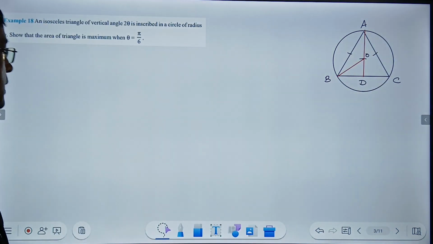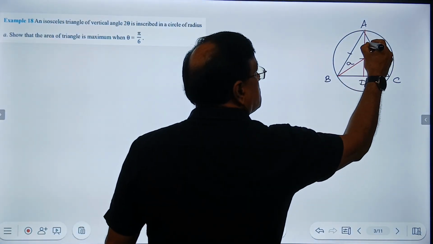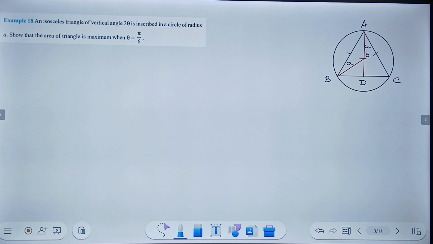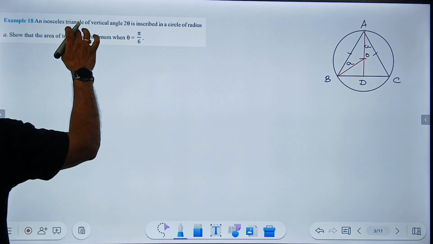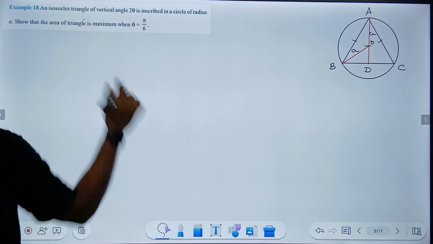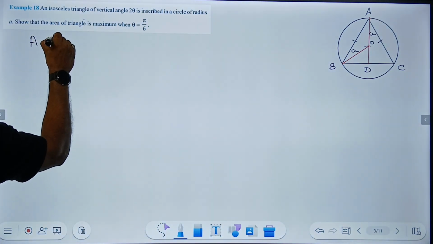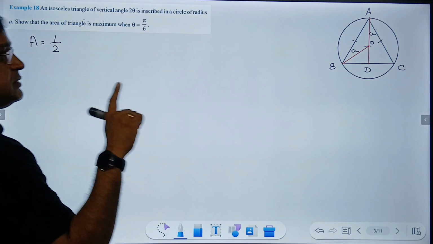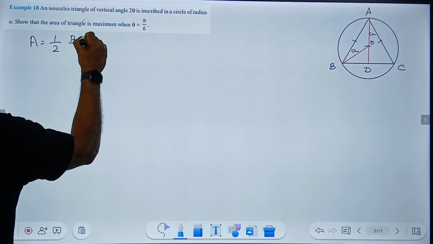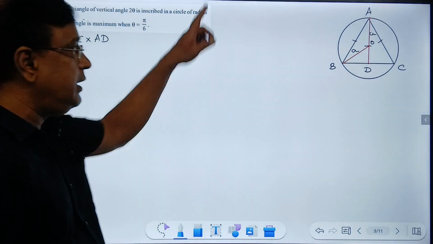This is the radius, and I call that radius as a. And this is also a. Okay. So now, area of a triangle. What is the area of a triangle formula? Area of a triangle formula is half base into height. What is my base? My base is BC and the height is AD.